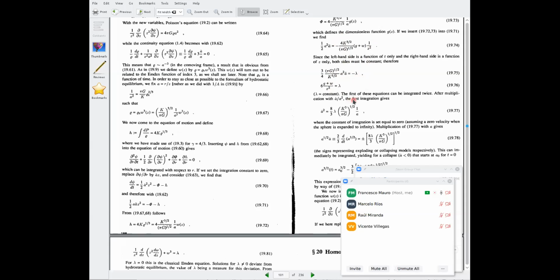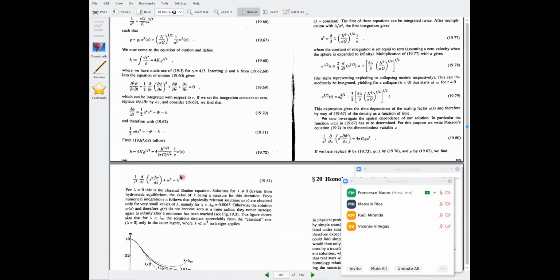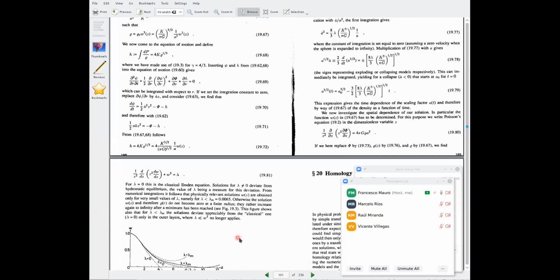In the Schrödinger equation, if I remember, the time part was the energy. Here you do the calculation and obtain something similar, an equation with a lambda that is the variation from the equilibrium, and it gives the characteristic of the collapse and the solution.